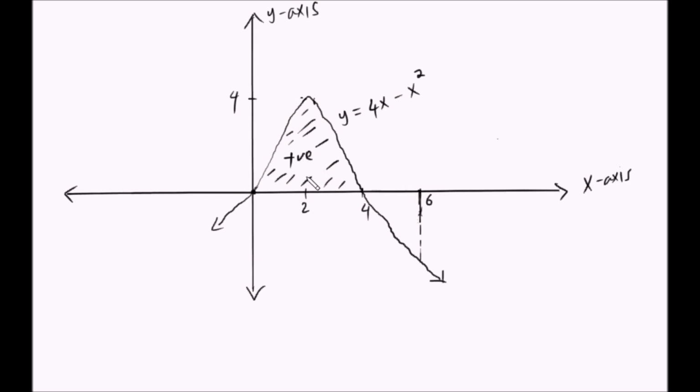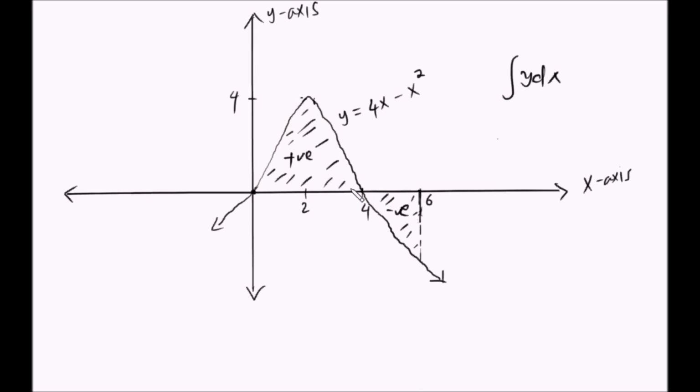Sasa kama nilivyosema, above the x-axis area itakuja nini? Positive. Lakini from 4 to 6 ni below the x-axis. Kwa hiyo you can see area hii ukifanya ile integral ile y with respect to x ukiintegrate itakupa eneo hili. Kwa hiyo jibu litakuwa negative. Sasa ukikurupuka utakosea.